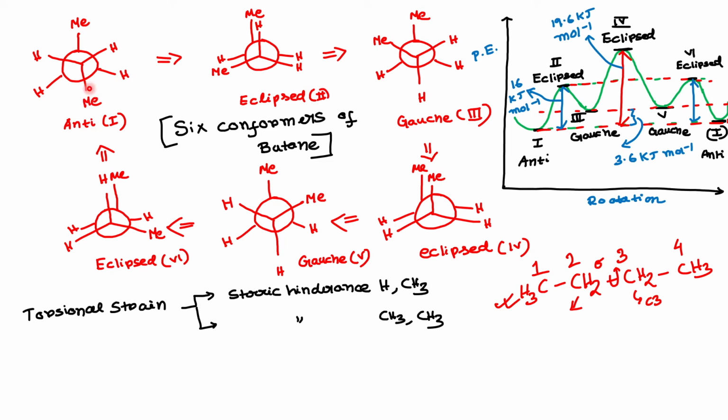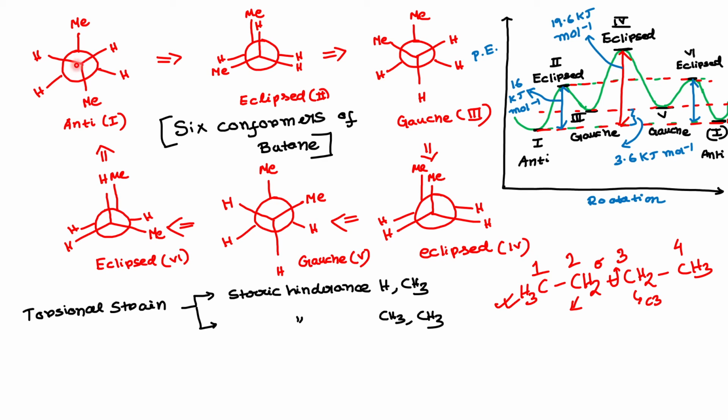The first conformer that I have drawn here is called the anti-conformer. This is a staggered conformation, and these two methyl groups are very far apart from each other, with the dihedral angle between them equal to 180 degrees. So this is called the anti-conformer.